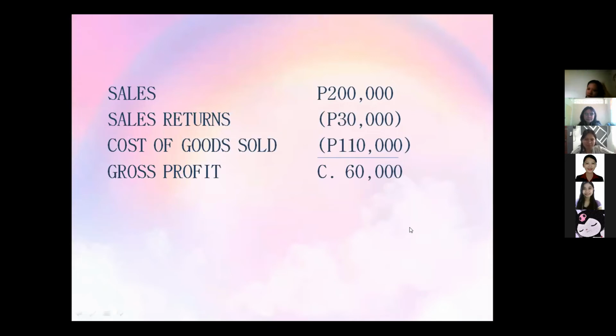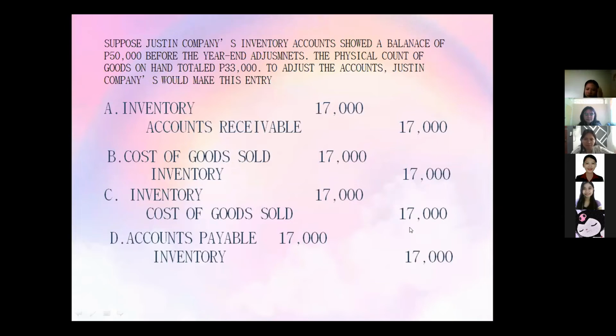Number 2. Suppose Justin Company's inventory account showed a balance of 50,000 before the year-end adjustment. The physical count of goods on hand totaled 33,000. To adjust the account, Justin Company would make this entry.